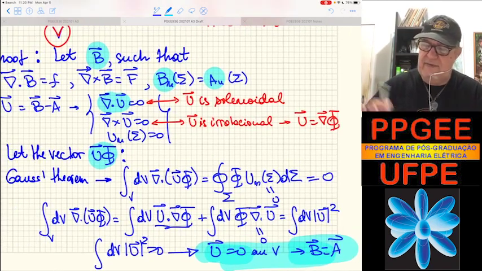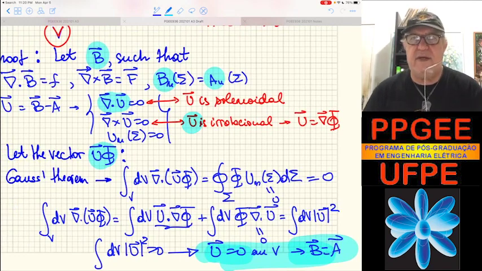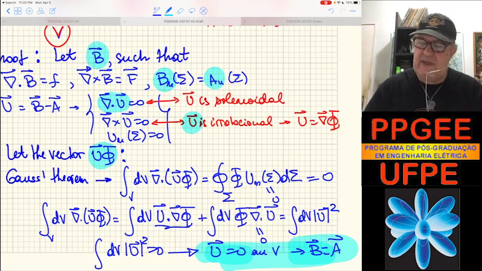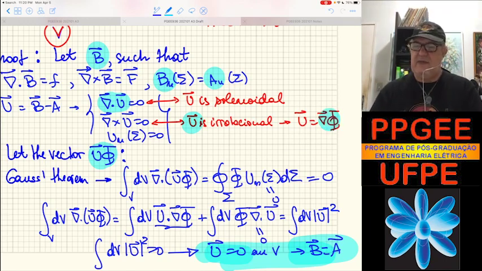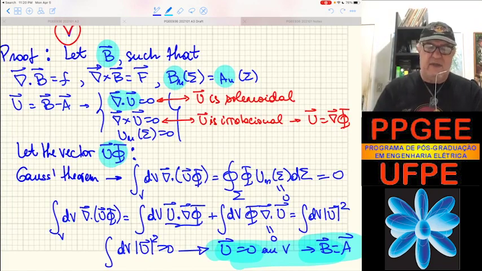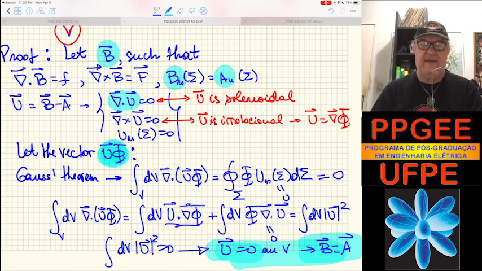What is phi? Because U is irrotational, and you know that every irrotational field can be obtained from the gradient of a scalar function, U can be written like that, as the gradient of phi.